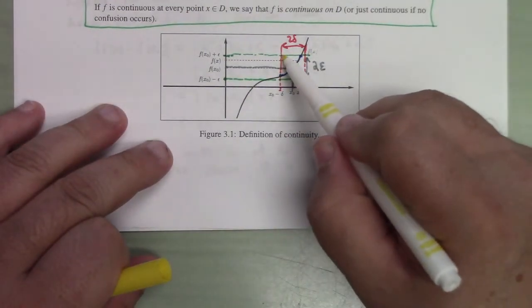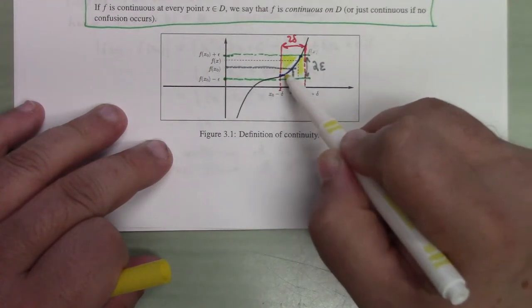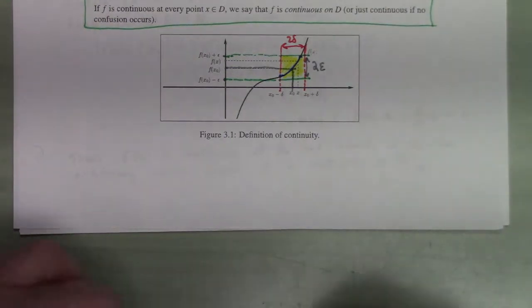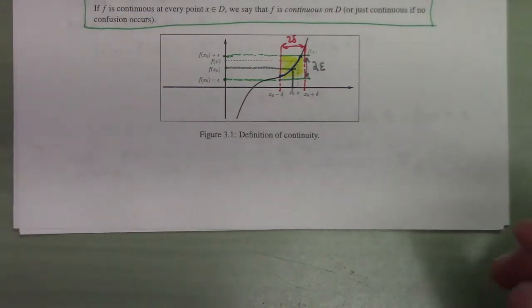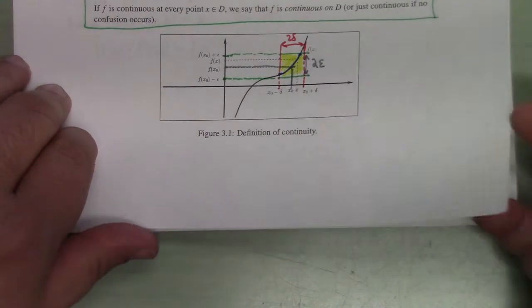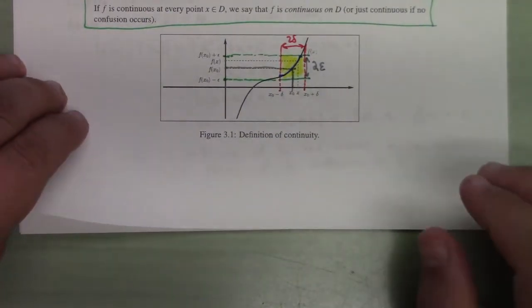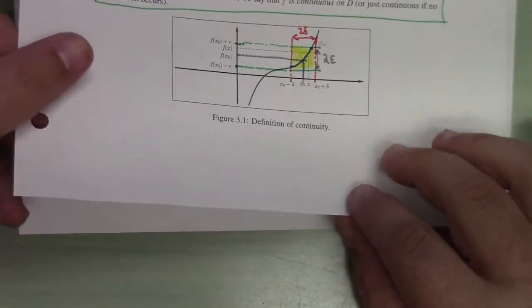So the box would be something like this, right? Like that. So what this definition is essentially saying is that if the function's continuous, you can't jump at that point, right? I mean, that's what we're trying to capture, is that the points in the graph are adherent to one another, close by.